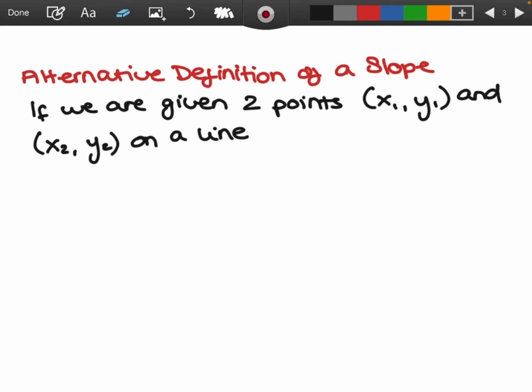So for 2 separate points, x1, y1 and x2, y2 on a line where x sub 1 and x sub 2 are not equal, then you can find the slope of the line.